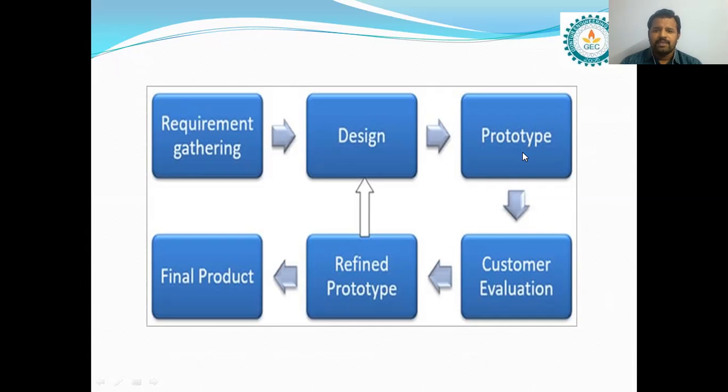After that, this prototype is shown to the customer for evaluation, and after seeing the prototype, the customer will refine the requirements, right? After that, based upon the refined requirements given by the customer, we will develop the final product. This is what happens in the prototyping model.